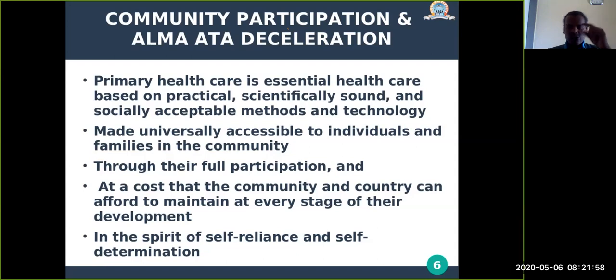Whatever standard you are setting as a country under primary healthcare, it should follow a universally accessible standard, which encourages the fullest participation of the community, and the country should be able to afford to maintain the same standard at every stage. It goes with the principles of self-reliance and self-determination.